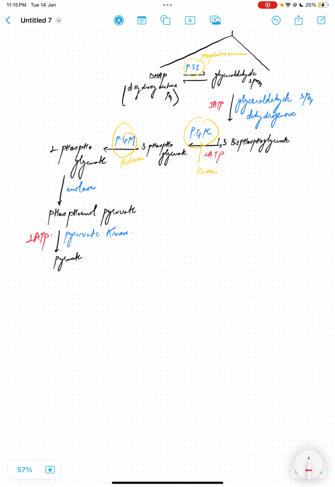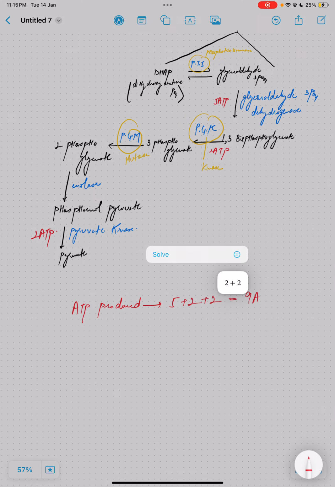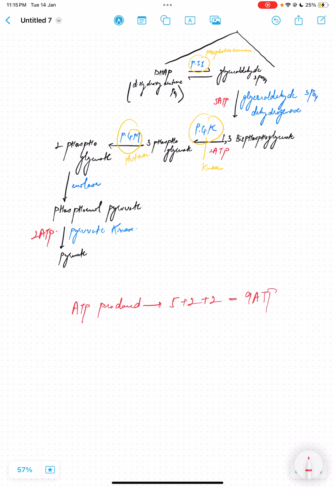So in total, how many ATPs are produced? It will be 5 ATP plus 2 ATP plus 2, so basically in total there are 9 ATP. And how many ATPs are consumed? Basically there were 2 ATPs consumed in the above mentioned steps.